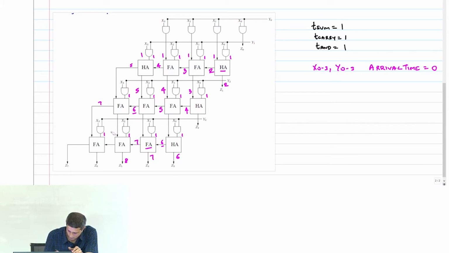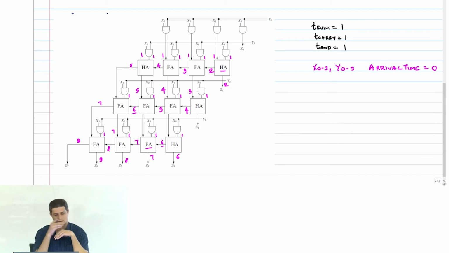Oh no, sorry. This will also be what? 7. So this will be 8, 8. And this will be 9, 8 plus 1. Correct? So this is 6, 6 plus 1, 7, right? And this is 8. Yeah.